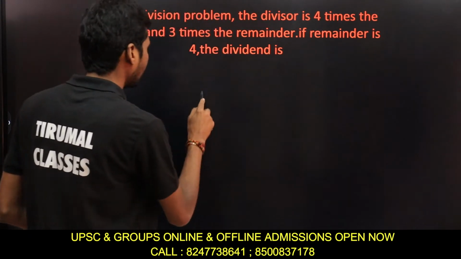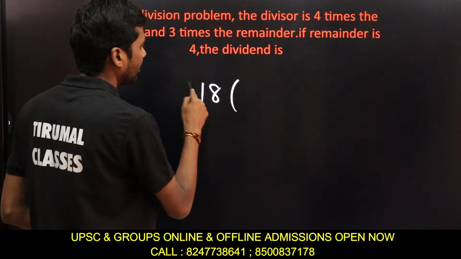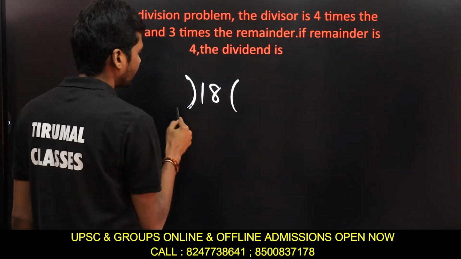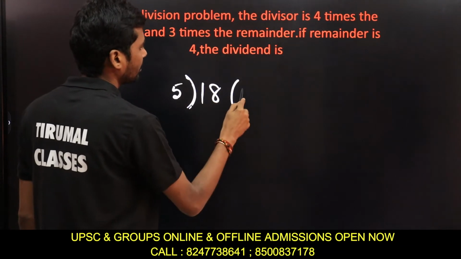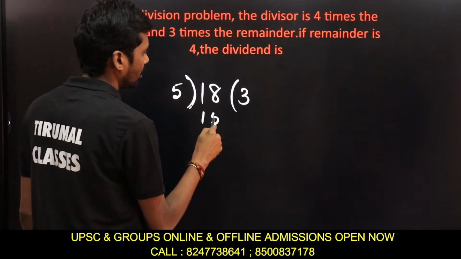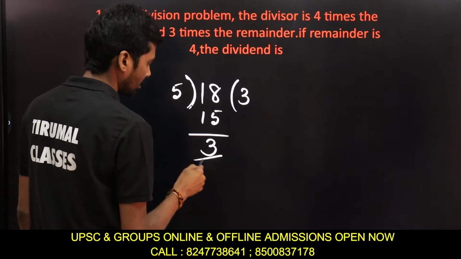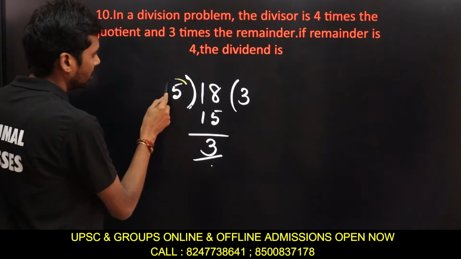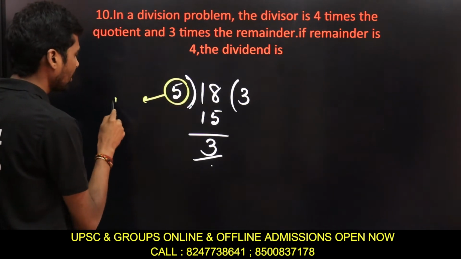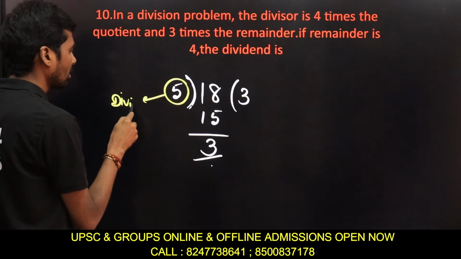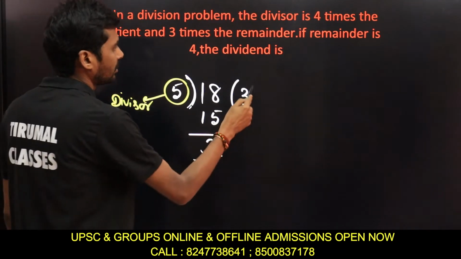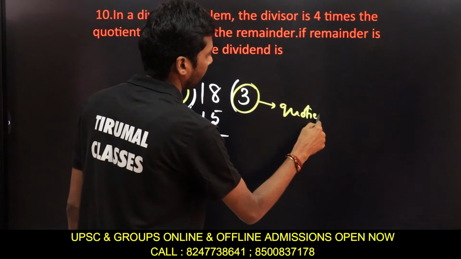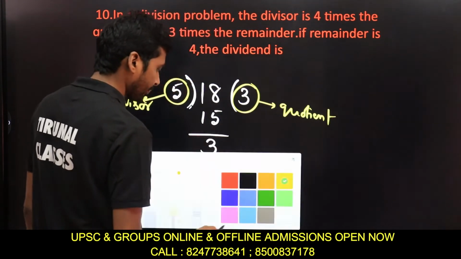Suppose I take some number 18 and divide it by some number, let's take 5. 5 threes are 15, and what is the remainder? We'll get 3. So for a normal division, this part is called the divisor, and this part is called the quotient.